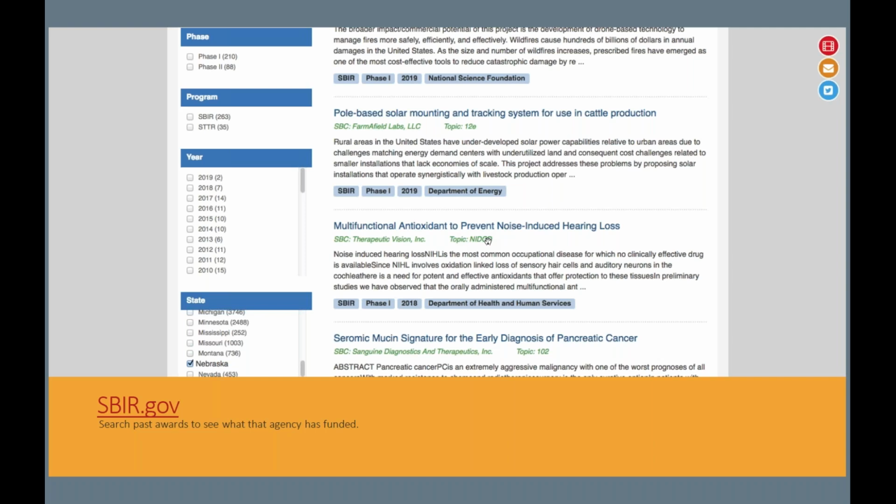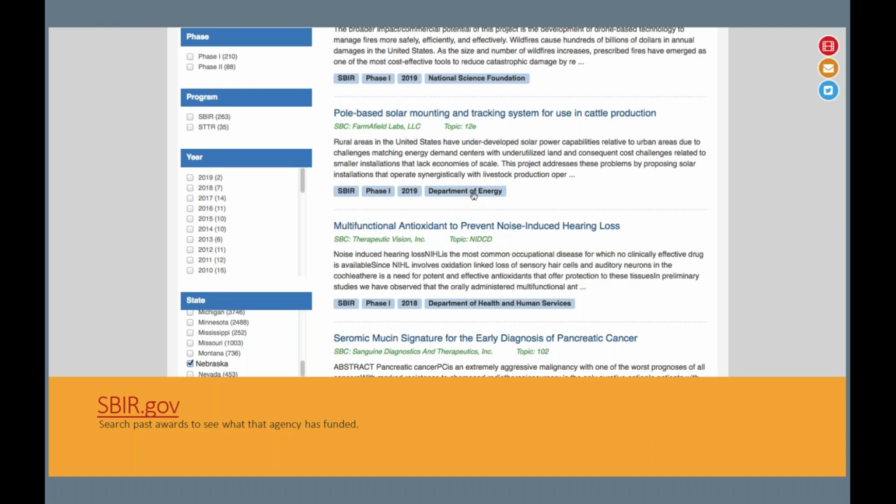NIH has a lot of these, so I would actually go specifically with NIDCD, which is a specific institute within the National Institutes of Health. So I would search who is the NIDCD SBIR Program Manager, and that's step 2.